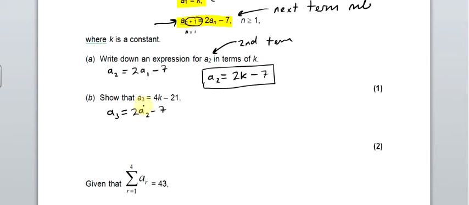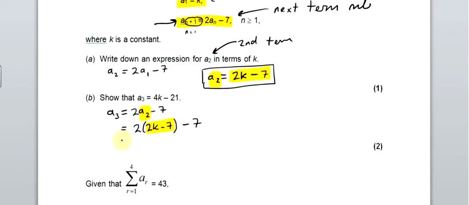But of course we know what the second term, A2, is, because we just worked it out, so we can substitute. So it's 2, and the second term is 2K minus 7, minus 7. So just to make that obvious, I've taken that, because I know that it's up here, and I've substituted there.